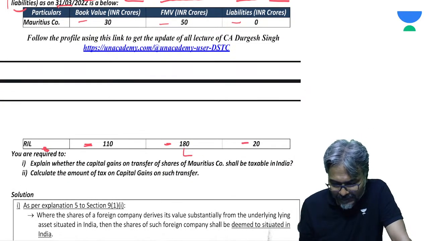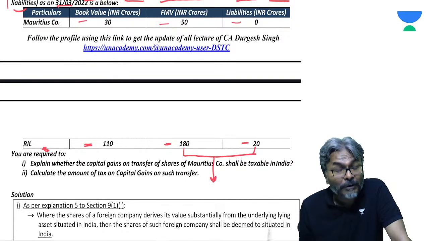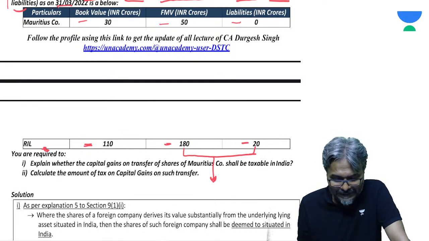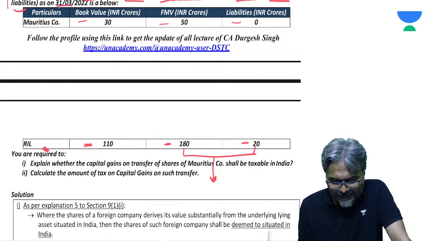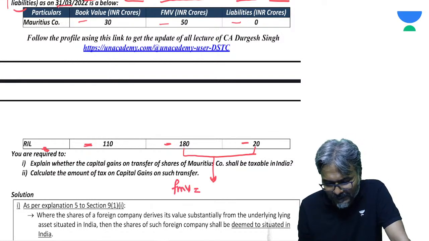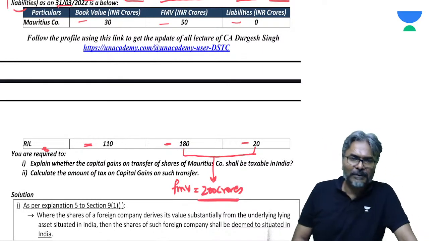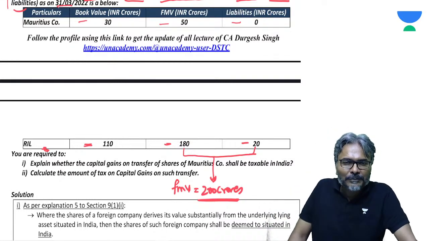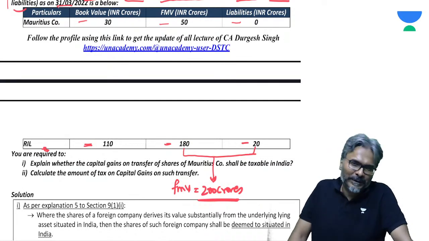So if I have to take the fair market value of the Indian company for the purpose of the calculation of questions involving indirect transfer, then my fair market value, students, will become how much? 200 crores. Do you all agree to this one?